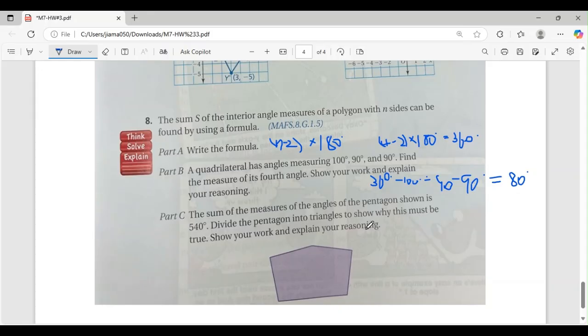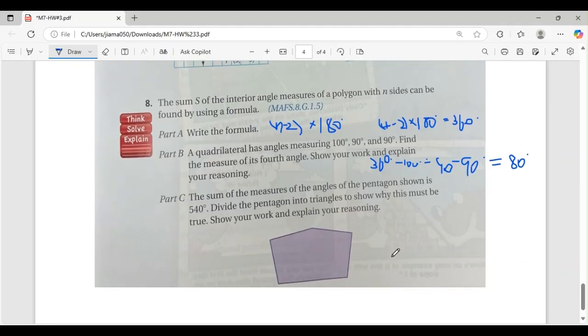Okay, to prove that the sum of the interior angles of a pentagon is 540 degrees, we can divide it into several triangles. A pentagon has 5 sides.